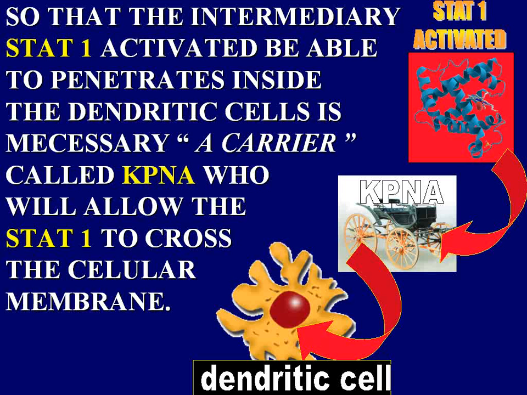So that the activated intermediary STAT1 be able to penetrate inside the dendritic cells, a carrier called KPNA is necessary, which will allow the STAT1 to cross the cellular membrane.